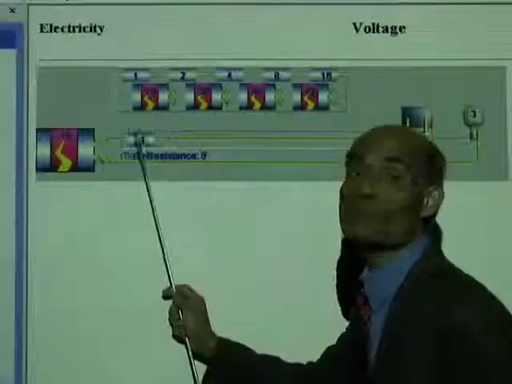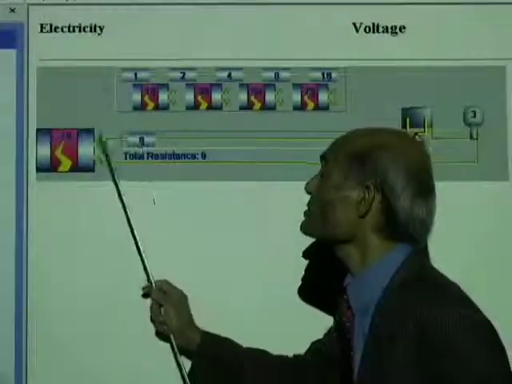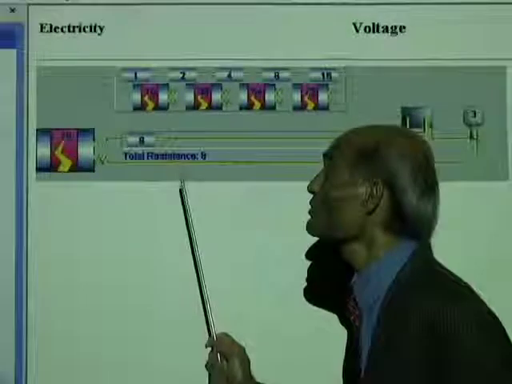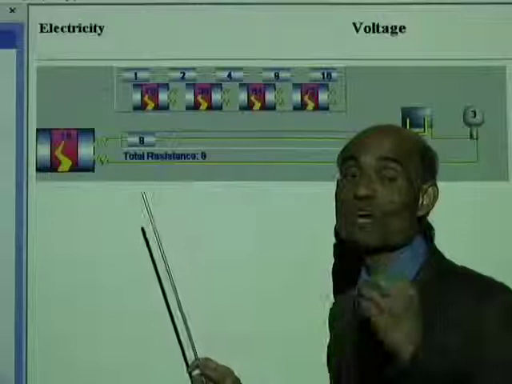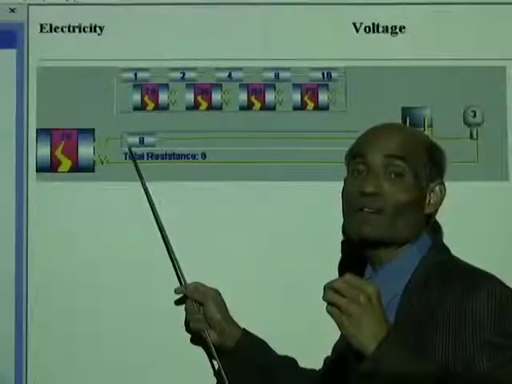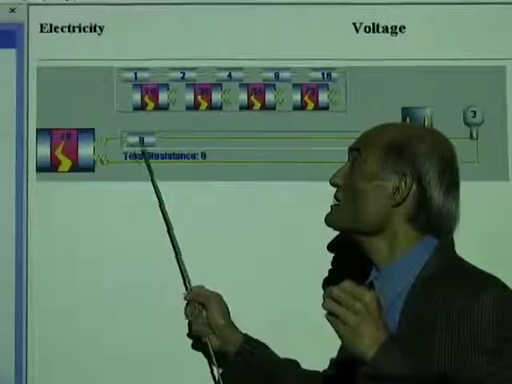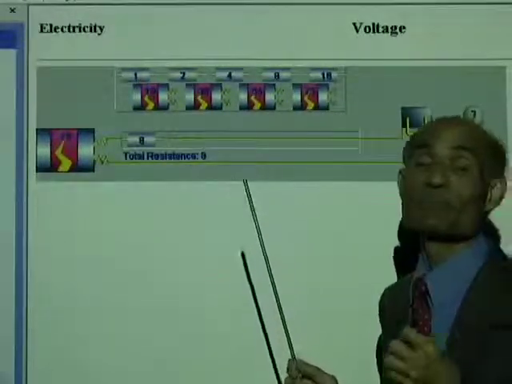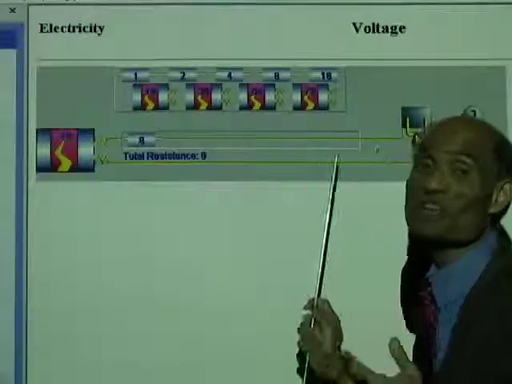Tell me, what will be the current that flows in this resistor? The potential difference is 18 volts, resistance is 8 ohm. So the current will be V over R, which will be 18 divided by 8, which is less than 3 ampere. So this is a safe current.